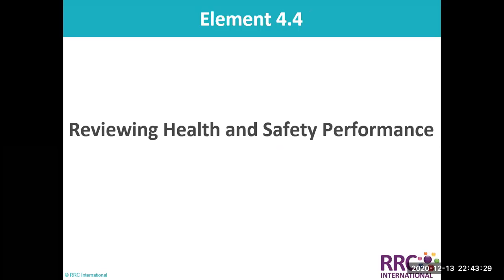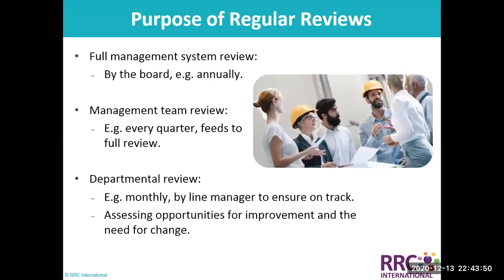Reviewing the health and safety performance. Just remember our elements of the health and safety management system. We're under review now, looking at performance evaluation, reviewing health and safety performance.